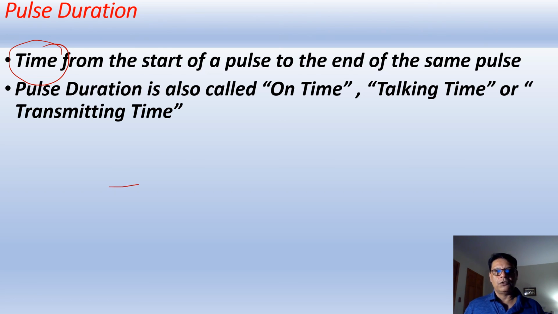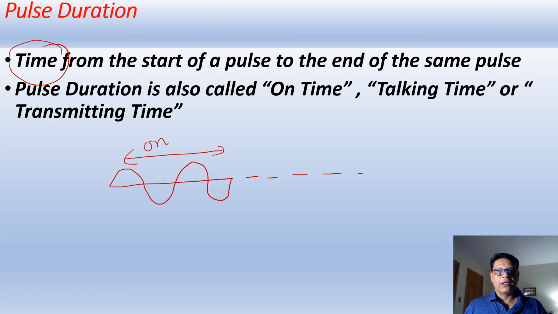You are also familiar with that: the time in which the pulse is actually being produced is called pulse duration, and when the pulse is being produced, that is called on time. And the time in which there is no production of a pulse, the transducer is silent, this is called off time.